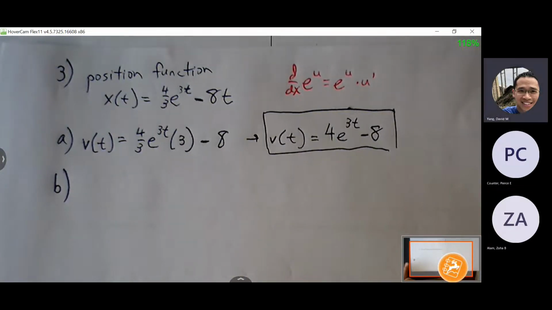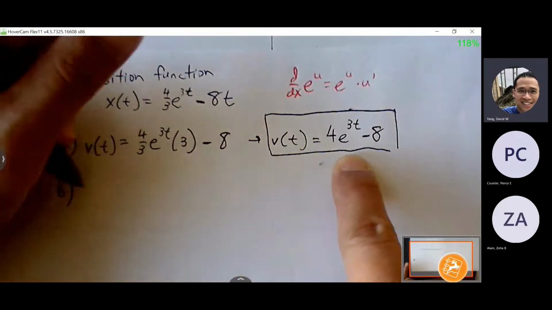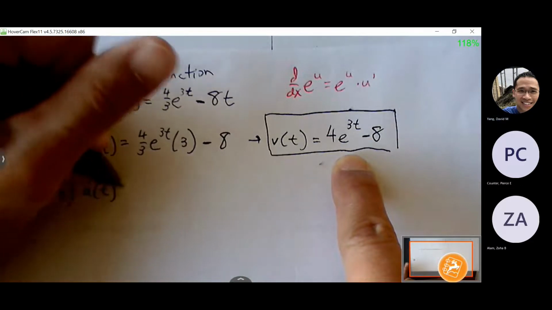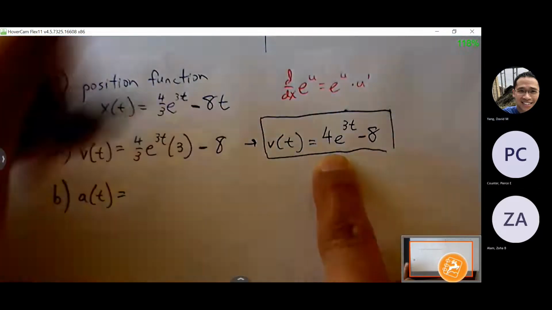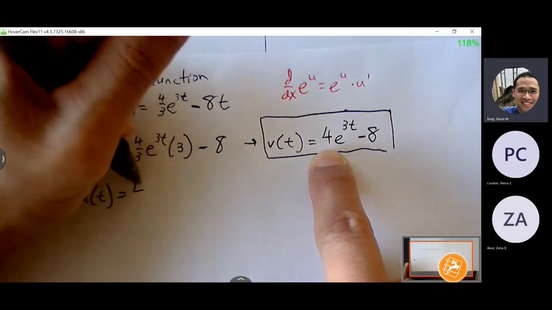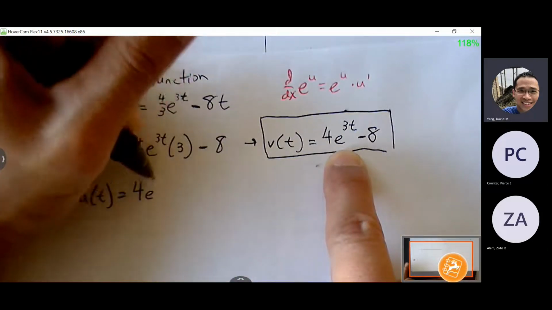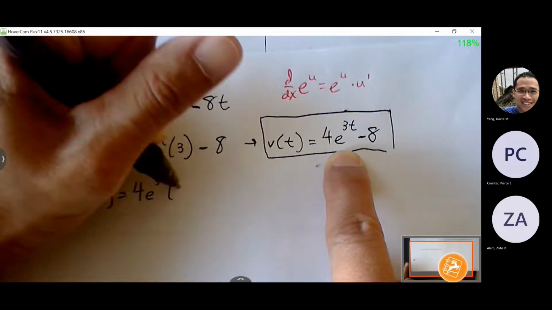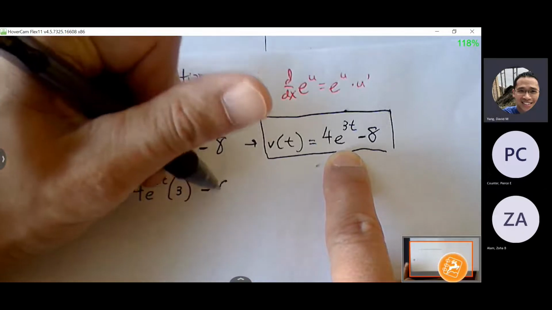All right, part B, we want to get to our acceleration function. So take another derivative down. 4 stays. E to the u becomes e to the u times u prime. Now the 8t just goes away to 0.